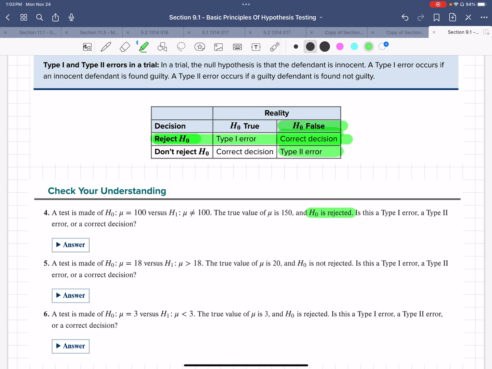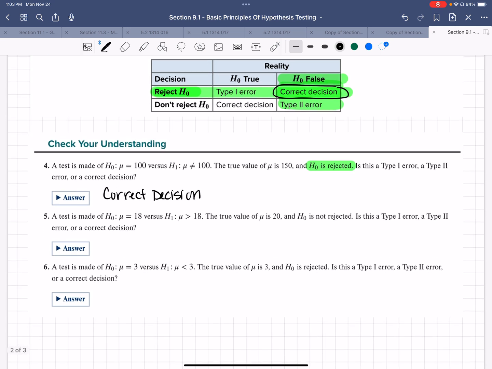The intersection is known as the correct decision. The null is 100, we rejected the null, and it turns out the null was false, so we did the right thing. That is a correct decision.